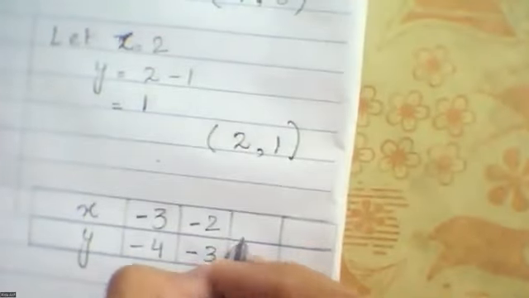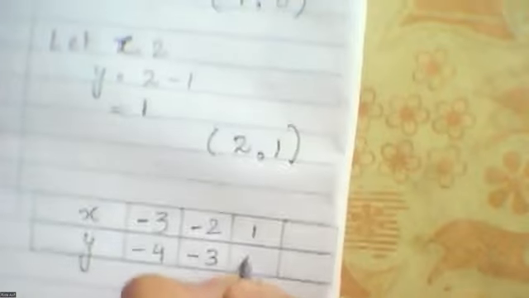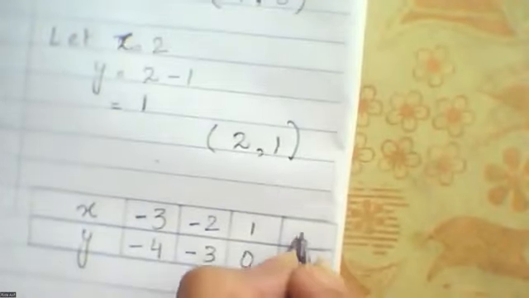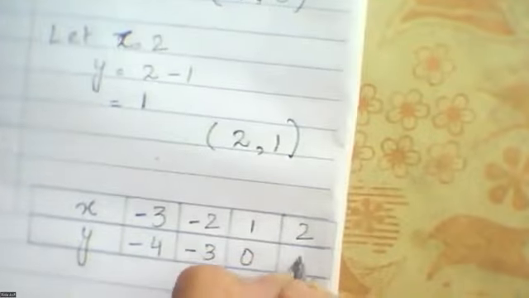So write it down, minus 3, minus 4. What was the second value? Minus 2, minus 3. The third value, 1, 0. And the last one is 2 and 1.